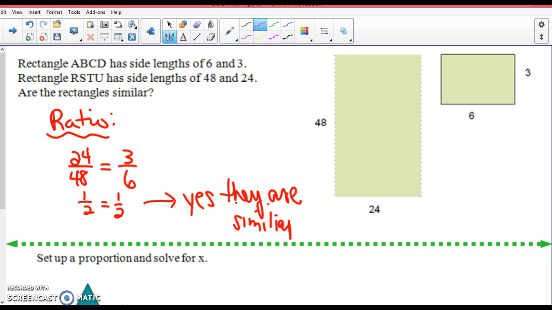Because in a rectangle, usually width is the shorter side, length is the longer side, but it really is interchangeable. But you need to make sure that you set up your ratio the same for both rectangles. I did short over long, so it would be short over long. Do you see that?